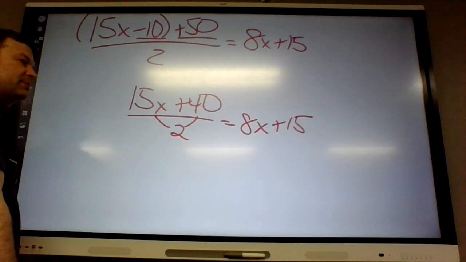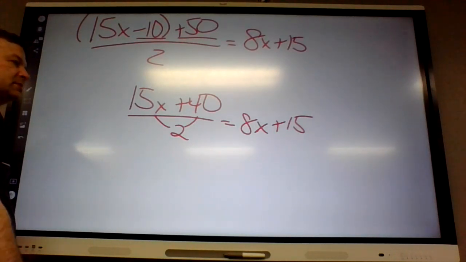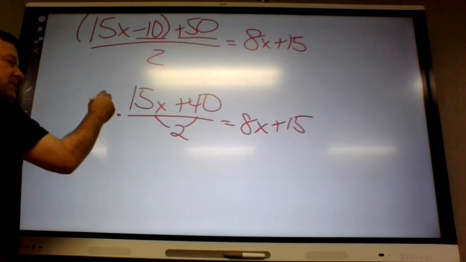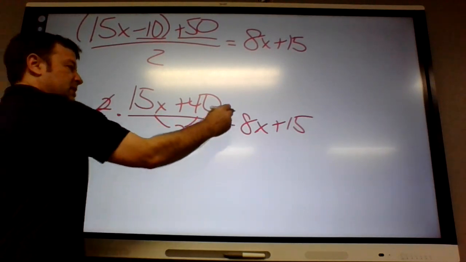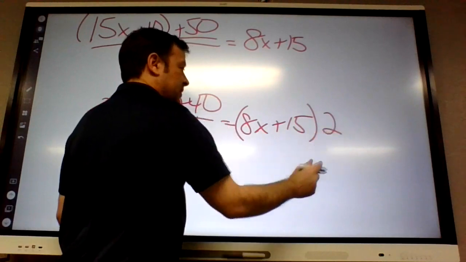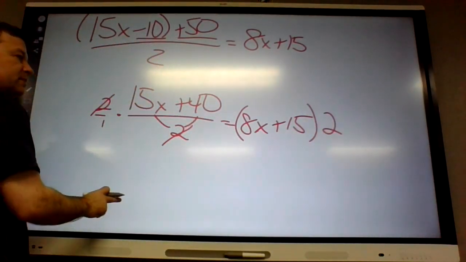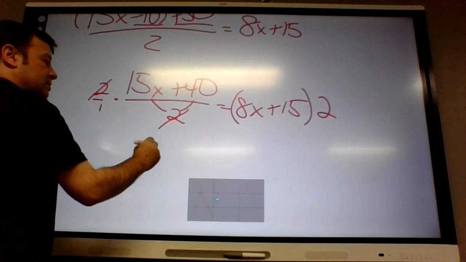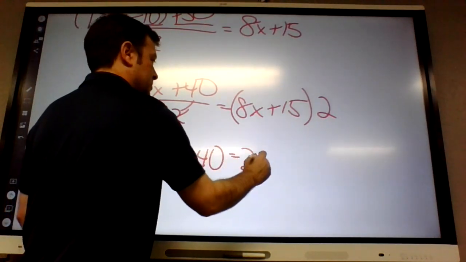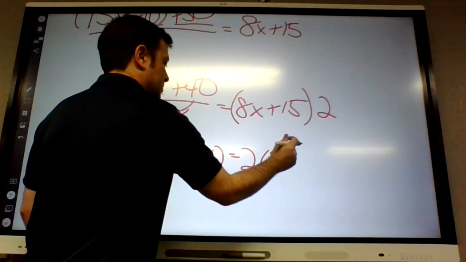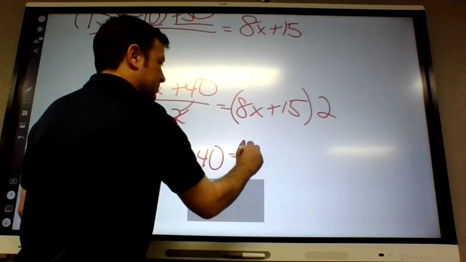How can we get rid of a divide by 2? Times 2. So if we multiply this side times 2, that just goes away. And then this side gets a times 2, but that would be a distributive property. Well, I'm just going to go ahead and do it.